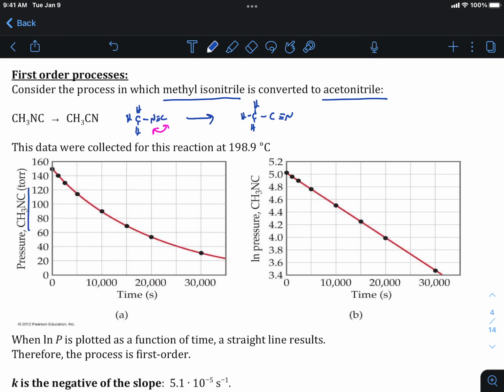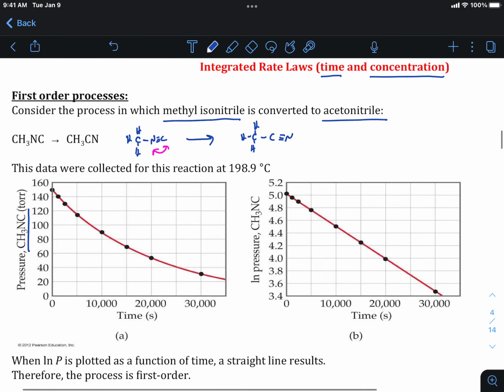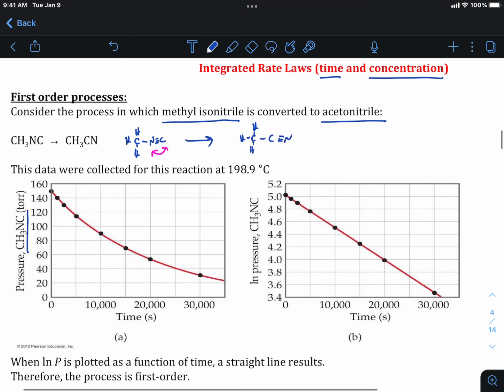So with kinetics, with integrated rate laws, what is going to be most useful to you is a linear plot. And so with a lot of experimental lab data, if you can produce a linear plot from your raw data, it's going to be much more useful, and it's going to simplify the calculations greatly. So we are able to do this by taking the natural log of the pressure values.